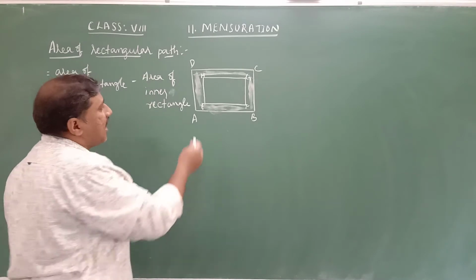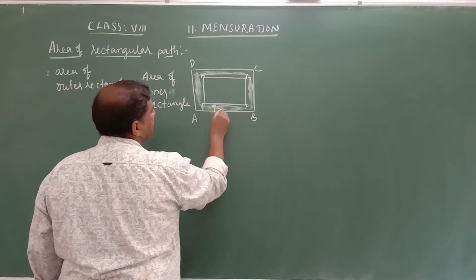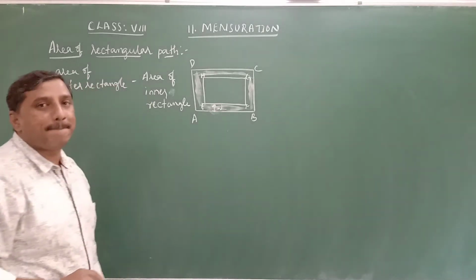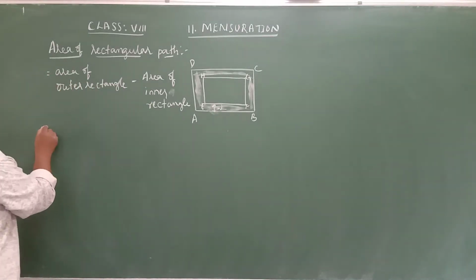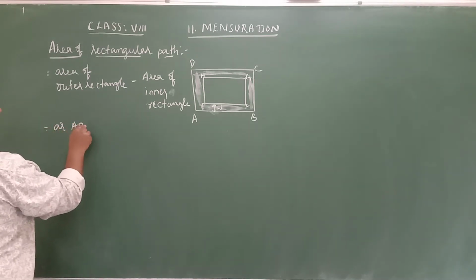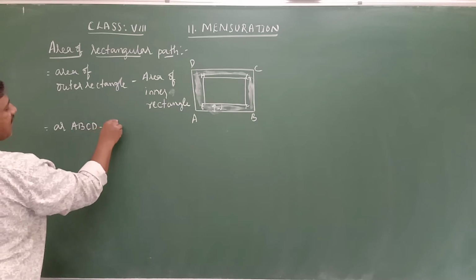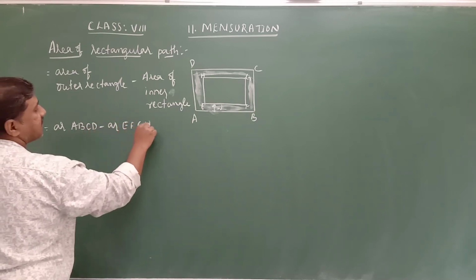Here the width of the path is given, represented with W. The area of the outer rectangle means the area of rectangle ABCD minus the area of rectangle EFGH.